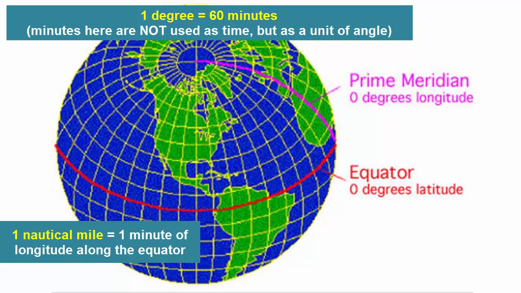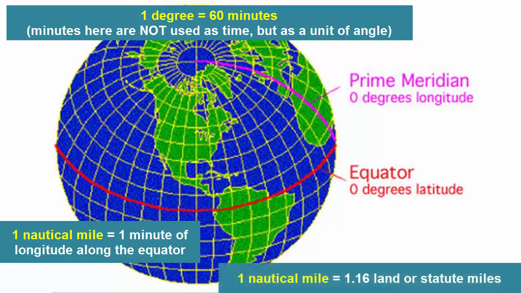Land or statute miles, which are what we usually refer to when we use the unit mile, are smaller than nautical miles by about 20%. 1 nautical mile equals 1.16 land or statute miles. Why does this matter? Marine navigation often uses nautical miles as the standard distance unit.